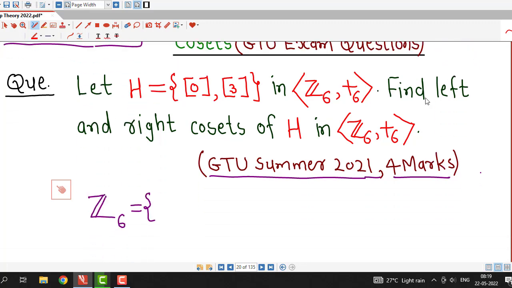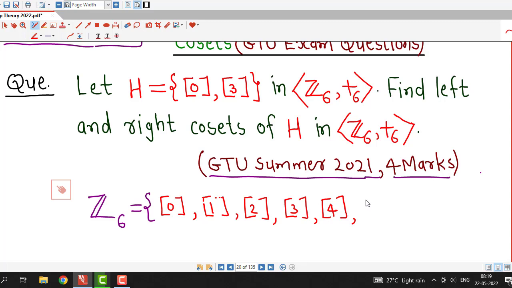Now here our group is Z6, that is the group generated by equivalence classes corresponding to 0, 1, 2, 3, 4 and 5. This is the modulo group with addition modulo 6, and if you are not familiar with modulo groups, I suggest you watch my lecture on modulo groups.